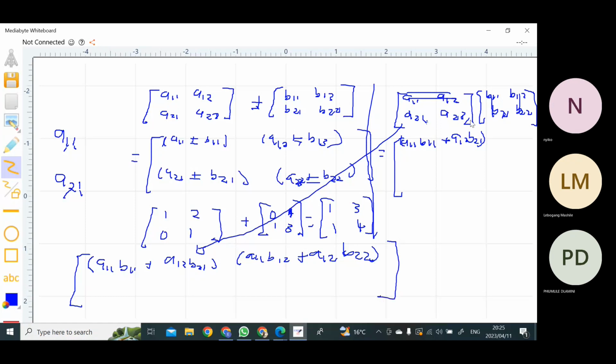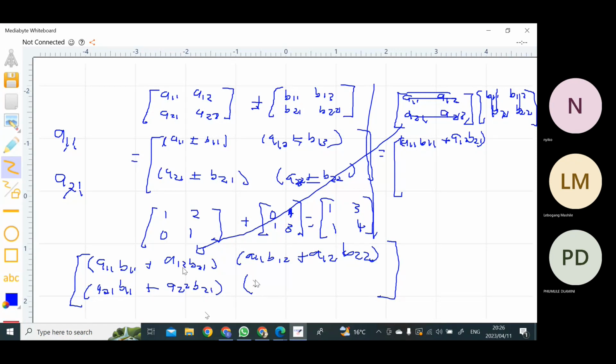Then when we go to the second row, it's going to be A21 B11 plus A22 B21. For the second row, we use this one line and go back like this. You close the brackets, but I'm just using these brackets to show you that it's the same thing.